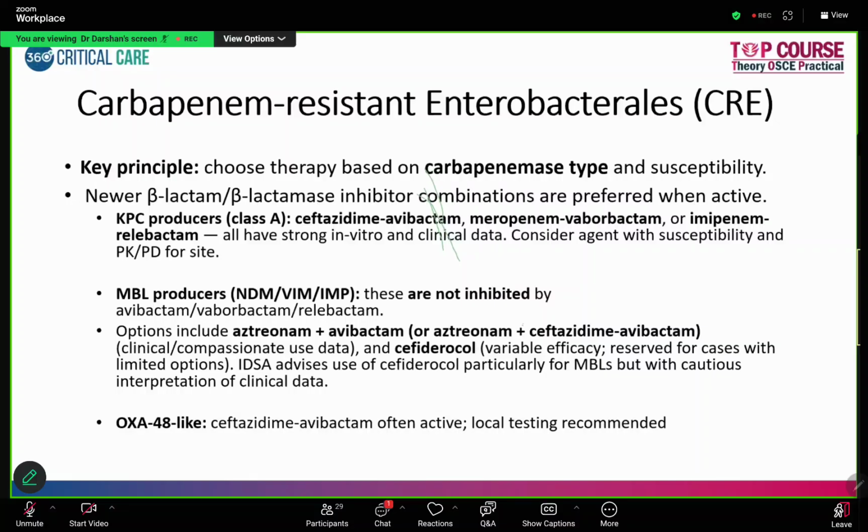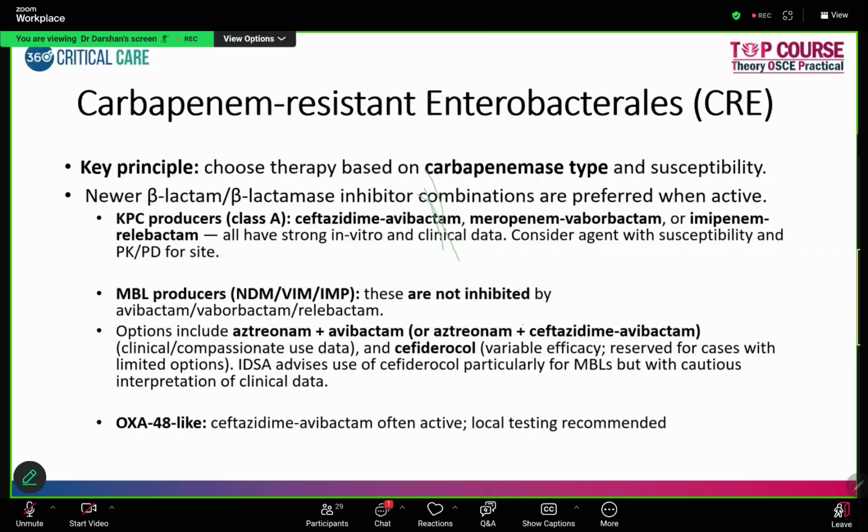All of this is something that we need to know. Newer beta-lactamase inhibitors are usually the ones which are chosen. Especially when there are KPC producers, that is Ambler's class A, you can use meropenem-vaborbactam, imipenem-relebactam, or ceftazidime-avibactam alone.